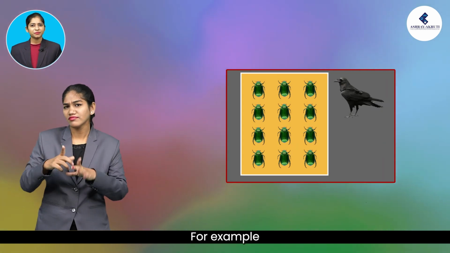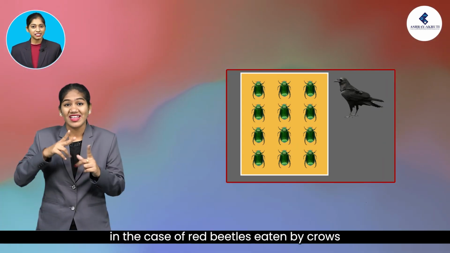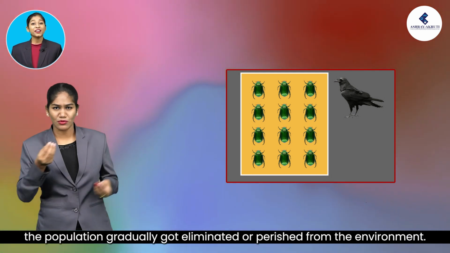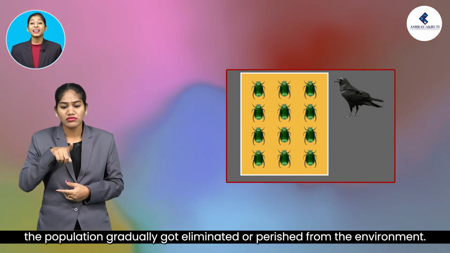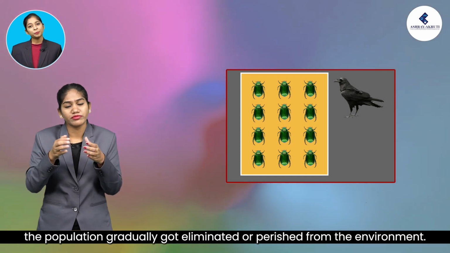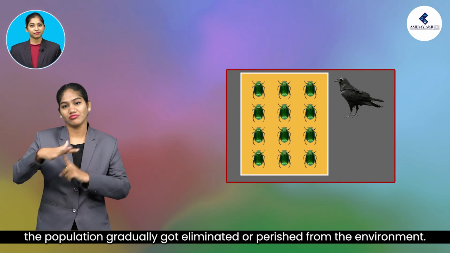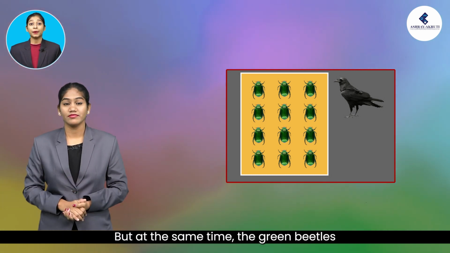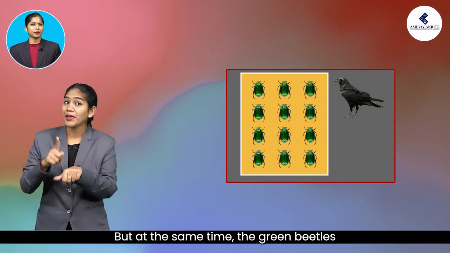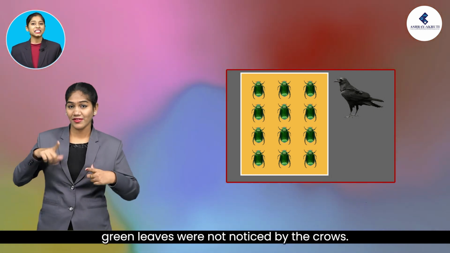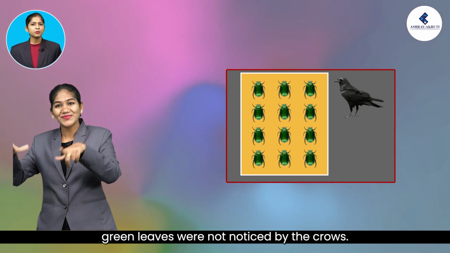For example, in the case of red beetles eaten by crows, the population gradually got eliminated or perished from the environment. But at the same time, the green beetles present on the green leaves were not noticed by the crows.